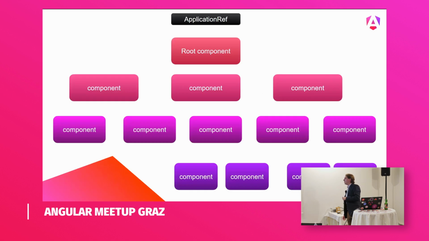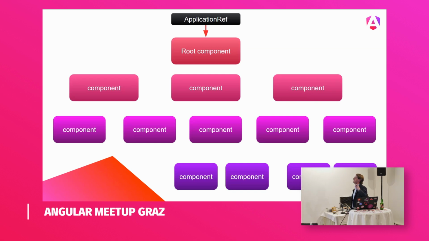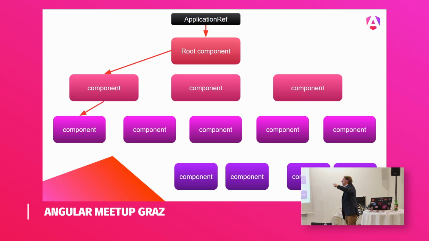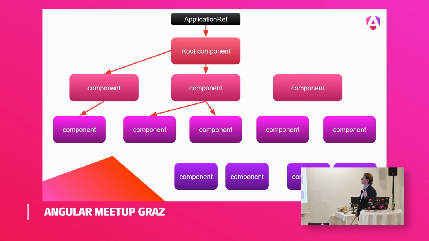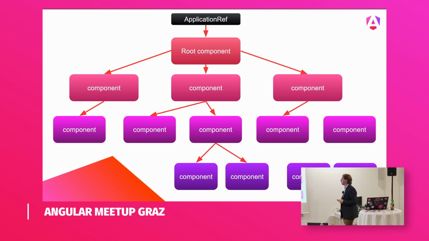In Angular, change detection starts at the top when your ApplicationRef sends, let's say, an event, and it propagates through the whole application depth first. So from the top, every component is going to be change detected. Boom, boom, boom, boom, boom. From the left to the right, bottom at the end.